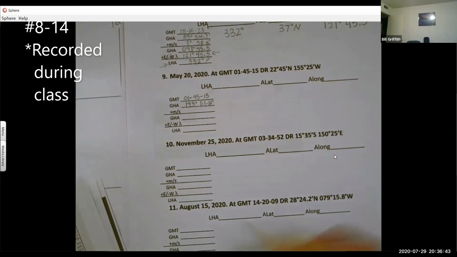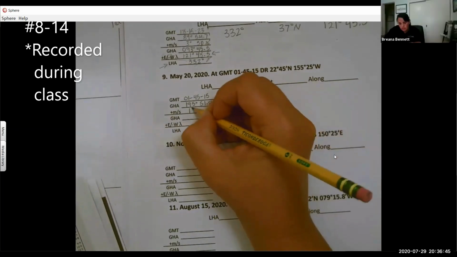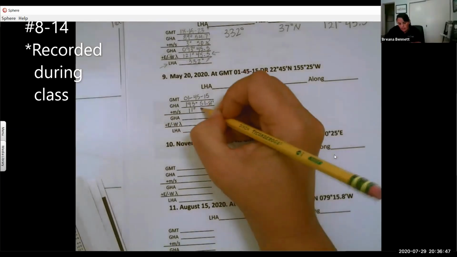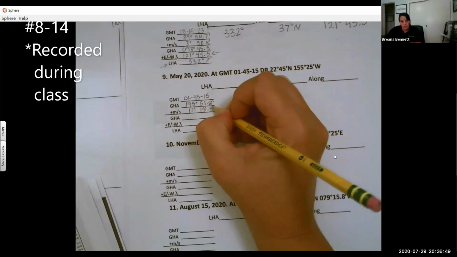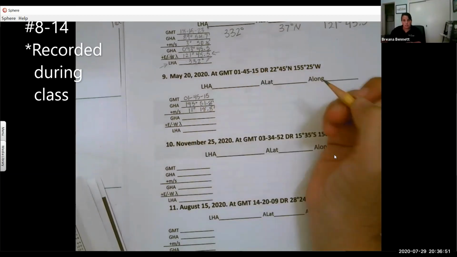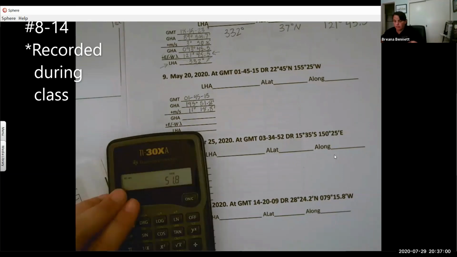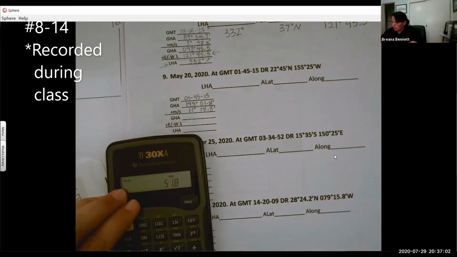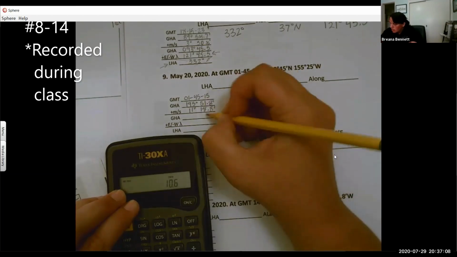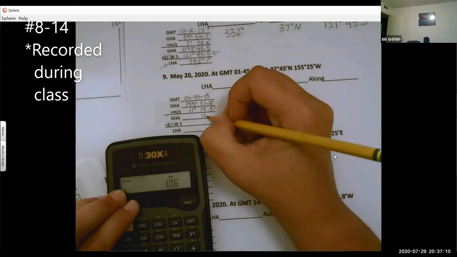So I have a minutes and seconds of 11 degrees 18.8 minutes. We add those up. 51.8 plus 18.8 gives us 10.6.